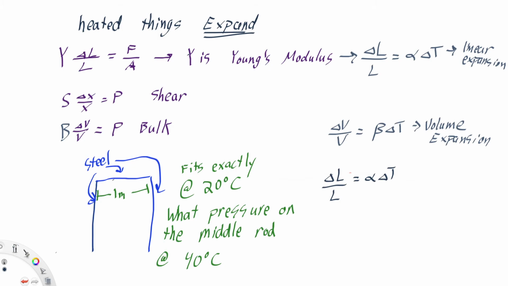For steel, it depends a little bit on what alloy of steel you are using, but on average, it's going to be somewhere right around 10 to 12. So let's call it 10 to make the math easy.